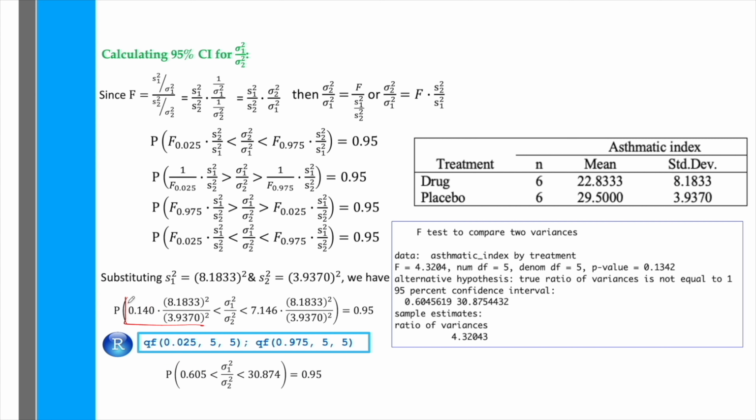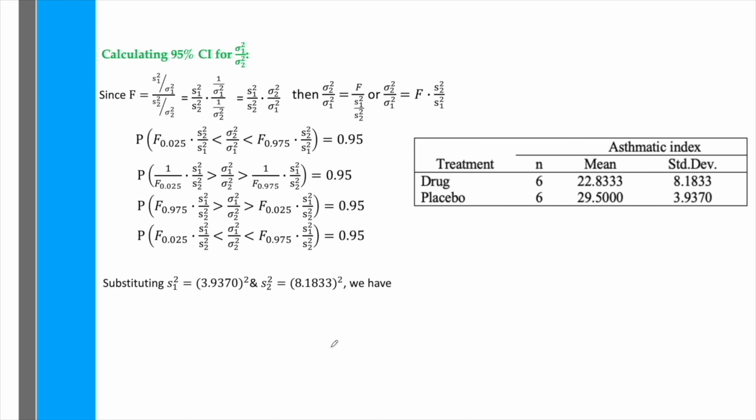Thus, this value will just be 0.605 and this value will just be 30.874, which is the same as this confidence interval given by R. So again, what R did is simply multiply the calculated f or the ratio of two variances with the two critical values of f. So 4.32 were just multiplied with 0.14 and 7.146 to get 0.61 and 30.87.